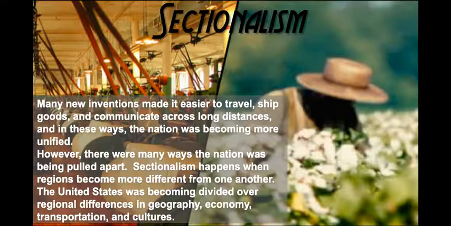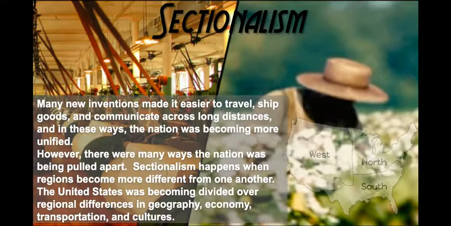So physical differences with the land in our country, the economy, or the way that different areas of our country make money, and transportation. Some parts of the country have more railroads than others, and some parts of the country have more rivers and lakes. So transportation is different, and then there are different types of people living in those regions.